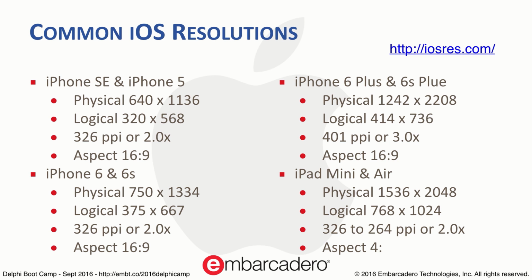You'll notice that with the 6 and 6S Plus, they actually introduced a different logical and physical screen resolution from the 5 and the 4, and the SE, which is the previous generations. So they did change it at the 6, which is why I suspect the 7 is going to be the same size. And then there's the iPad Mini and the iPad Air.